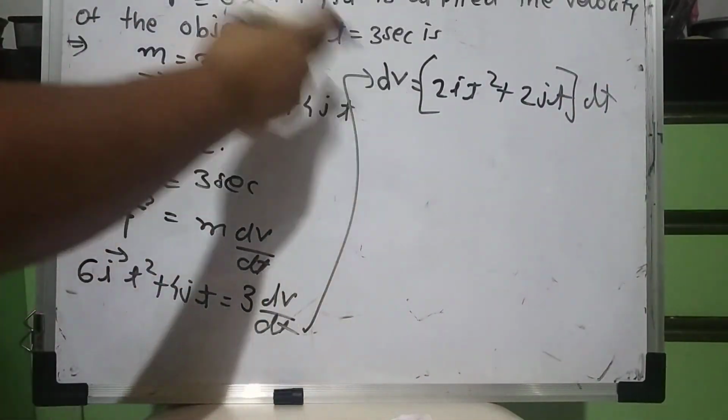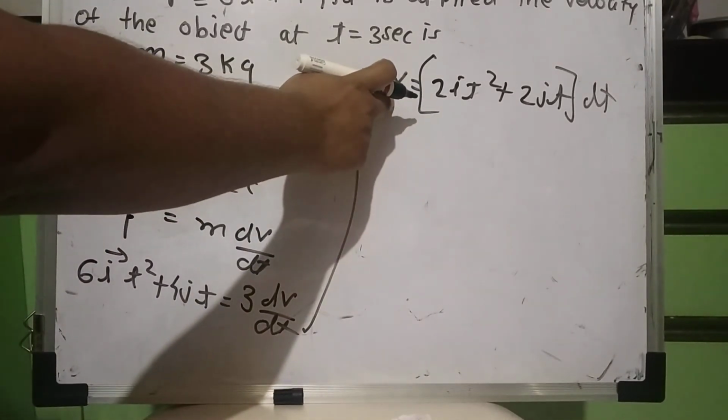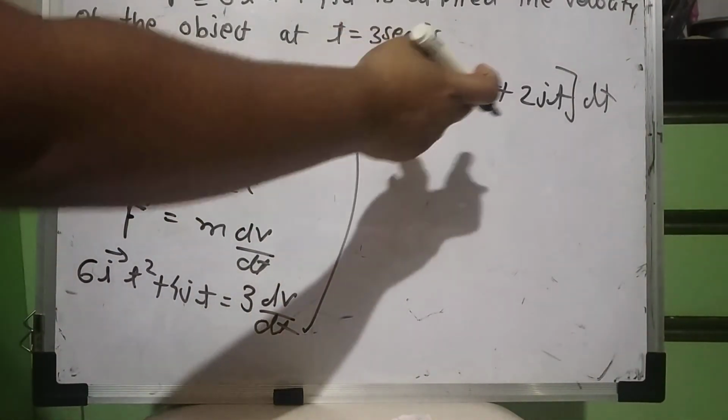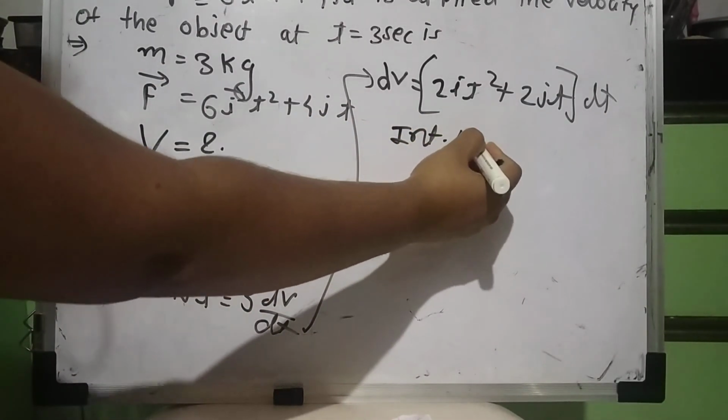Now we have to calculate the velocity, and we get the equation in the form of dv. How to calculate the velocity from dv? Simply by integrating this equation, integrating on both sides.